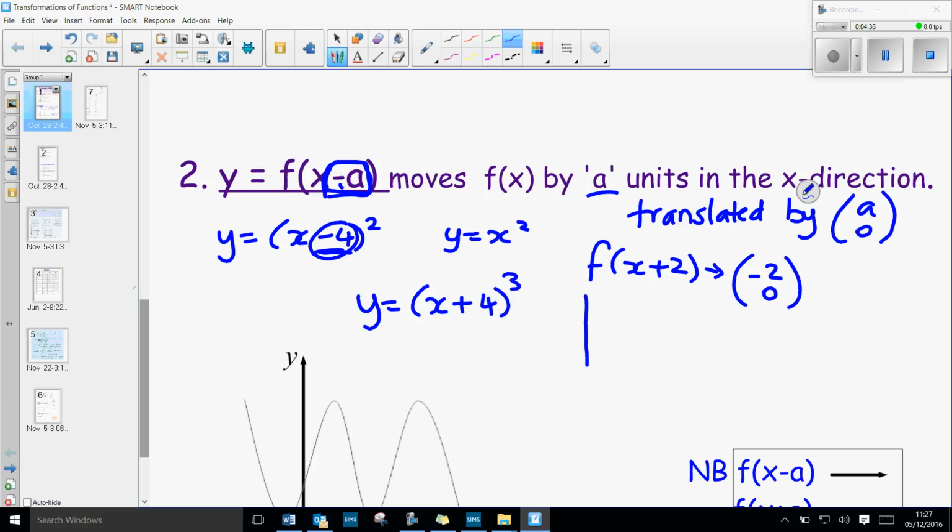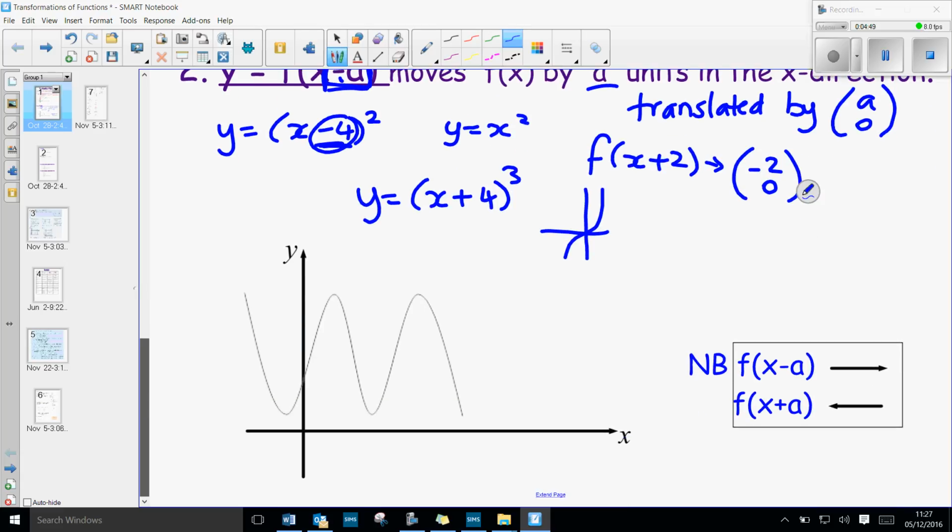It's actually shifted left 4 units. Any kind of function, if it's inside a bracket, it's a horizontal shift. So if this was my original function, it doesn't really matter if we go left or right. Let's go left.